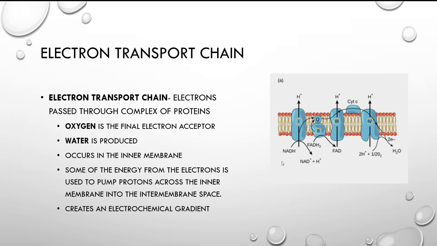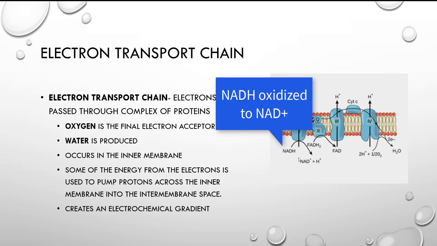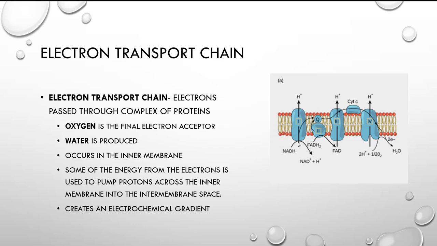And you can see how the NADH and the FADH2 are going to be oxidized. Remember, oxidized: OIL RIG, oxidation is losing electrons. They're going to be oxidized, or lose their electrons. So the electrons are going to be carried through the electron transport chain. So those electrons pass through this complex of proteins in the inner membrane.